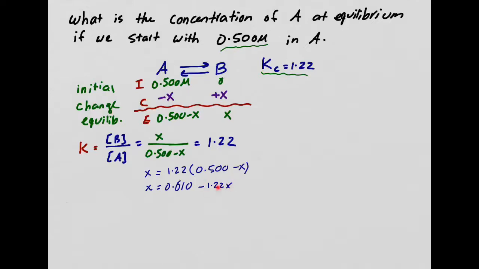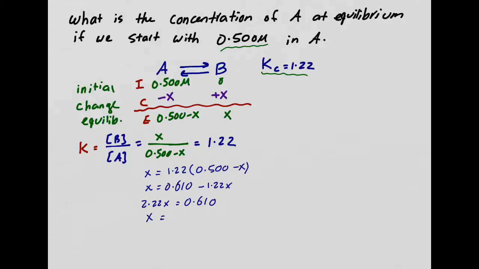Okay. Now what I'm going to do, I'm going to move all the x to one side. So I'm going to move this one to the other side. If I do that, then I end up getting 2.22x, right? Because this is 1x, and then I'm going to move this to the other side. So it'll be 1x plus 1.22x equals 0.610. I know you know all of this, I just want to make sure.